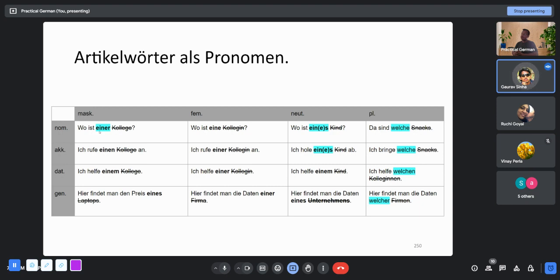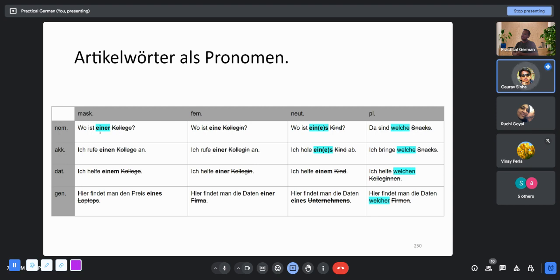Masculine nominative. Wo ist einer? Wo ist eine? Wo ist eines? Da sind welche. Accusative. Ich rufe einen an. Ich rufe einer an. Ich hole eine ab.